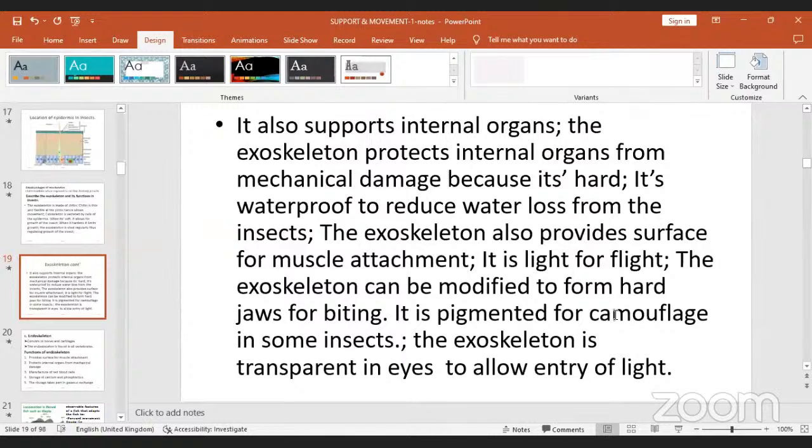And many other adaptations. It is light for flight for those insects that fly. In the mouth region, it can be modified to form hard jaws for biting. So there are so many adaptations of the exoskeleton to its functions. Just find as many as possible.